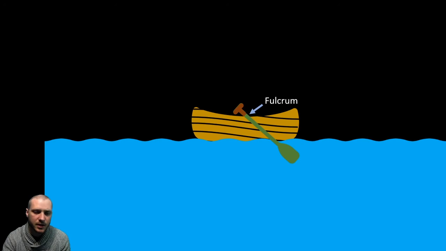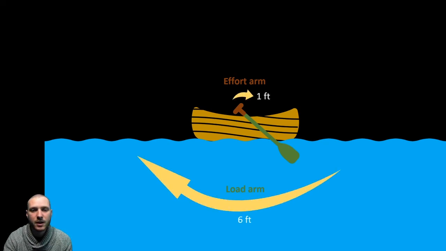The classic example of this would be an oar on a rowboat. Here, our fulcrum is going to be the part where the oar touches the boat. Our effort arm is going to be this little tiny handle, and the load arm is going to be the long part of the paddle. And you can see how long this load arm is. So the longer the load arm, the more energy we're going to need to be able to move this, but we're going to move it a long distance.